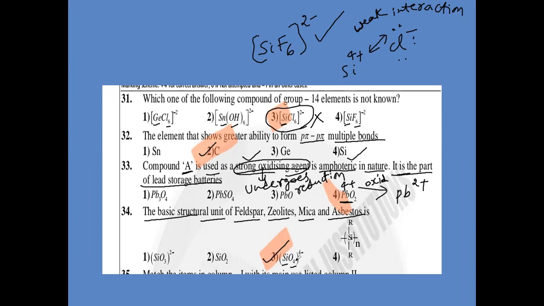In pyrosilicates, one oxygen is shared between two SiO4 units. So SiO4 minus 4 is the basic structural unit of silicates, and these are all examples of silicates.